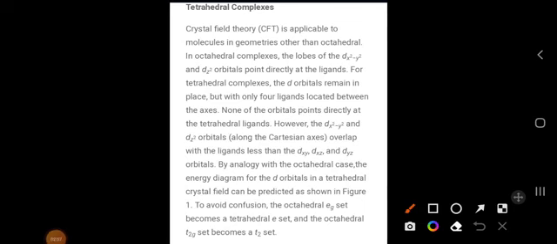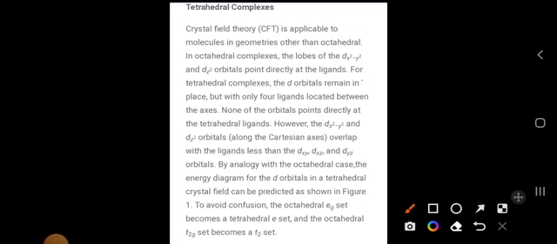Here the d orbitals have the same energy, which is known as degeneracy. The 5 d orbitals are dx square minus y square, dz square, dxy, dyz and dzx. In octahedral, Eg lies along the axis, and dxy, dyz, dzx lie between the axis.